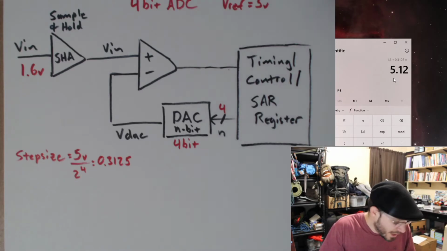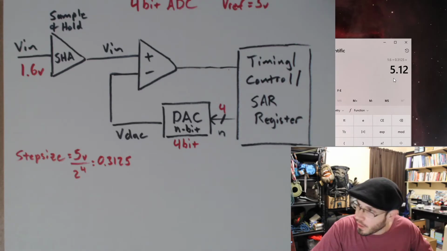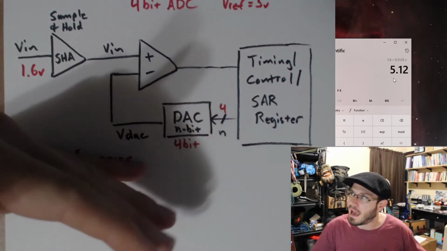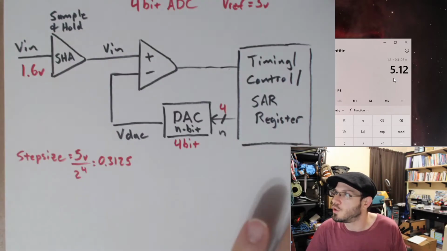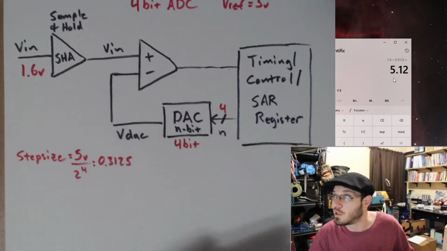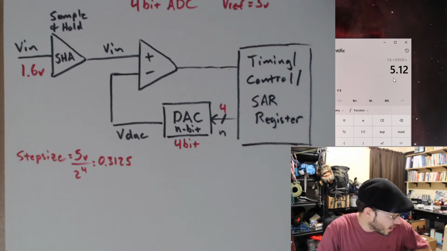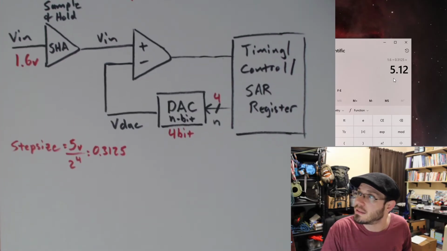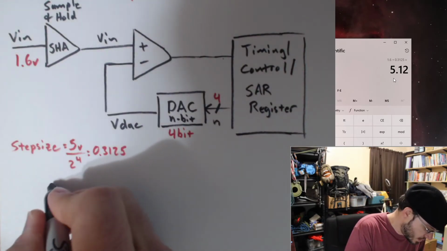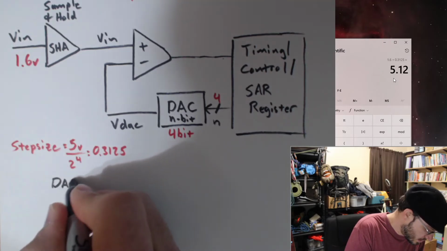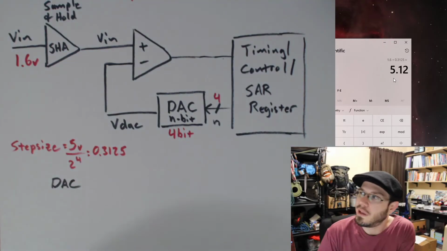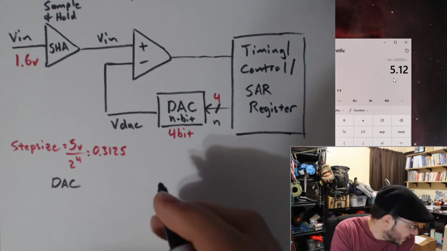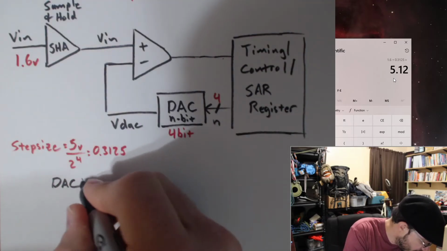Okay, and what I'm going to do is I'm going to set up a table here for each iteration of this SAR process as we convert our analog voltage to our digital value that we want coming out of here. So what I'm going to do is I'm going to list the value being output to the DAC. So this value over here, let's call this DAC in.